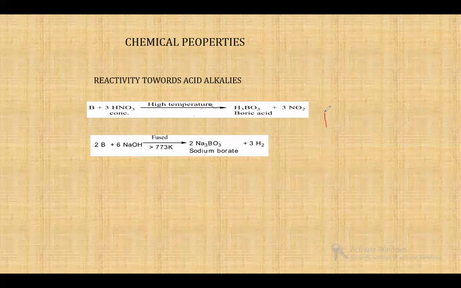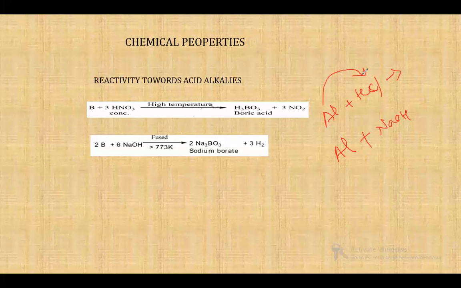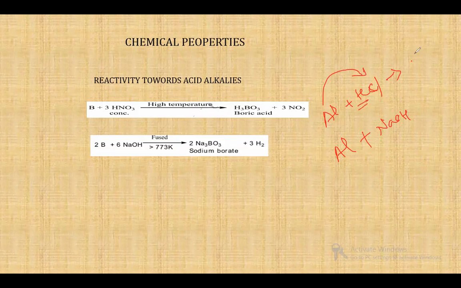In the last class I hope we discussed the reaction. Aluminium reacts with hydrochloric acid as well as with a base like sodium hydroxide. Aluminium reacts with HCl to form aluminium chloride with the liberation of hydrogen gas.